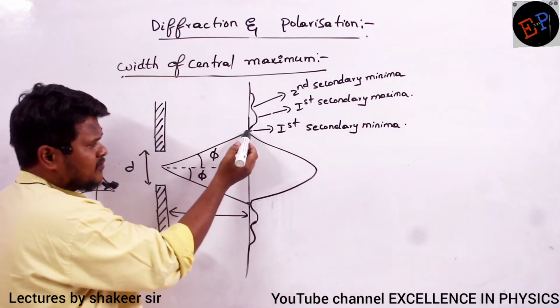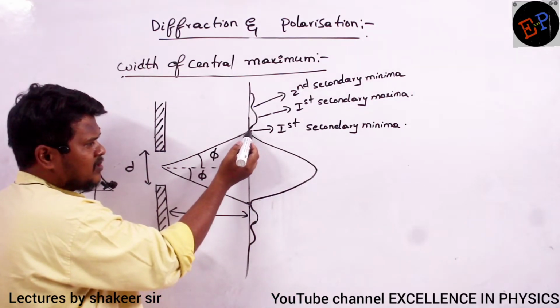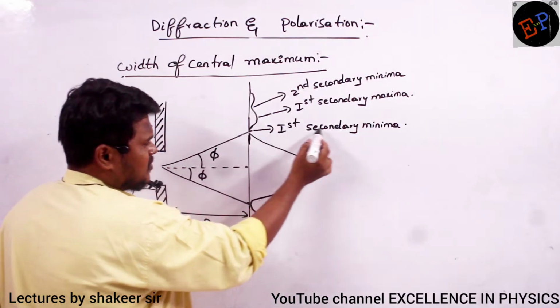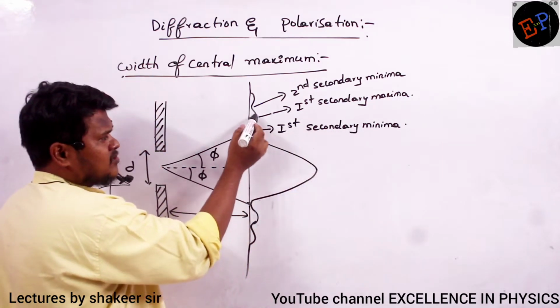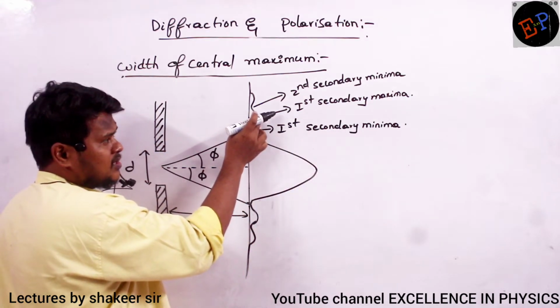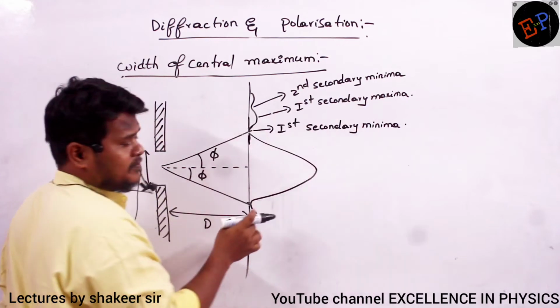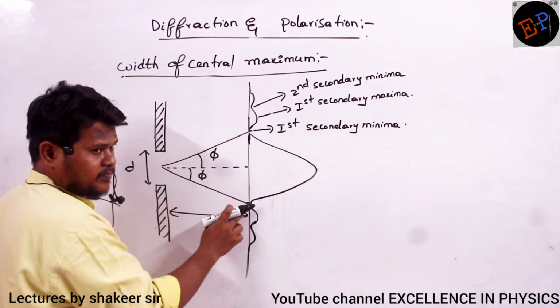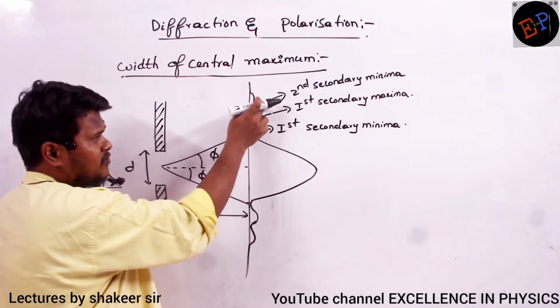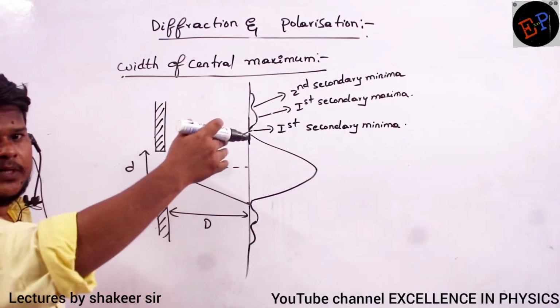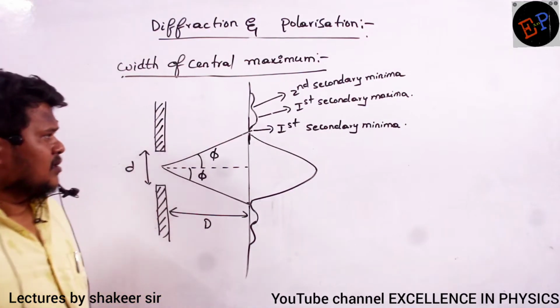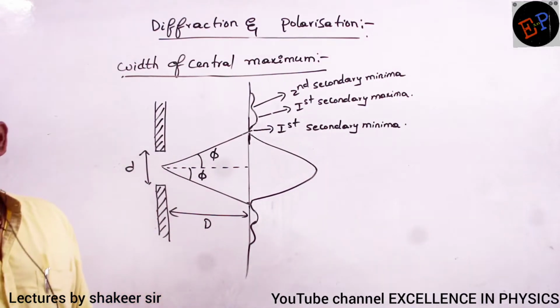This is the position of destructive interference, no? So here I will get the first secondary minima, followed by the second maximum. That is why it is called first secondary maximum. This is the primary maximum. First secondary maximum. Then again followed by second secondary minima, then again second secondary maximum. Like this you will go on getting minima and maxima.